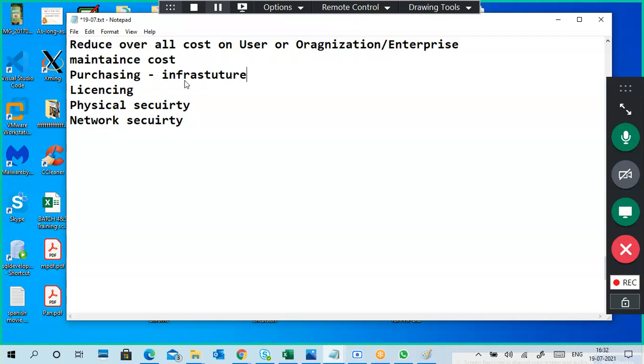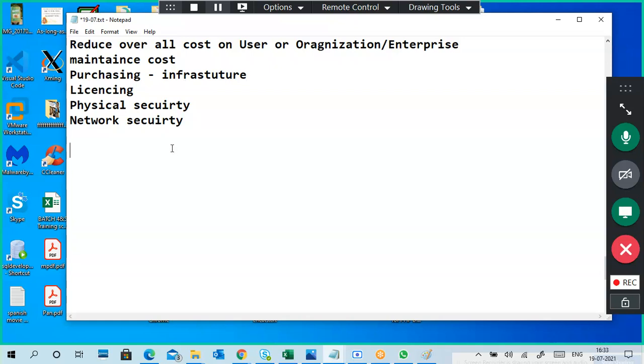Maintenance cost: AC maintenance, physical security maintenance, temperature maintenance, and system maintenance. Everything in the maintenance part will be reduced. That's why I wrote overall cost. Overall cost means all of this comes under the cost-effective things for a user, right?